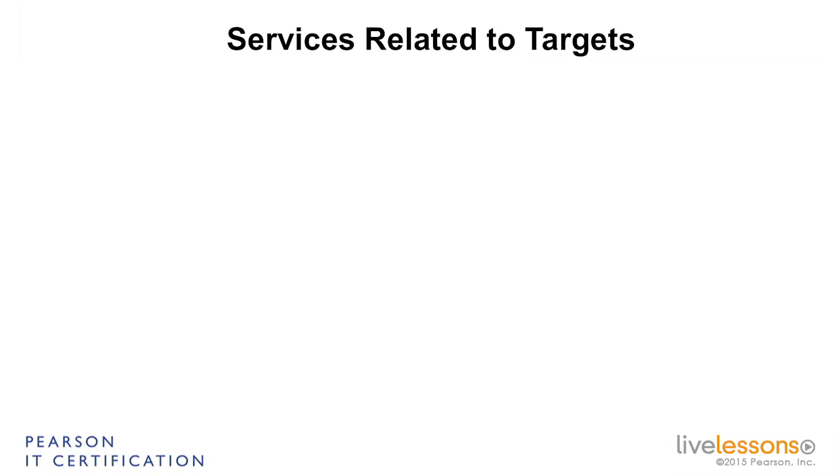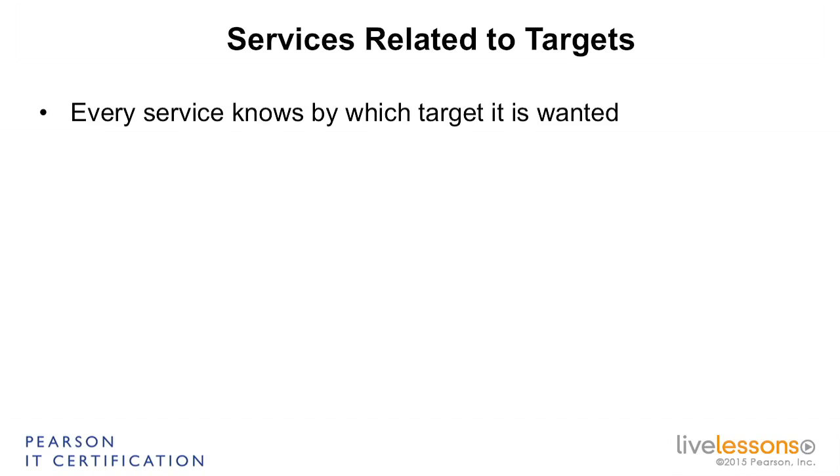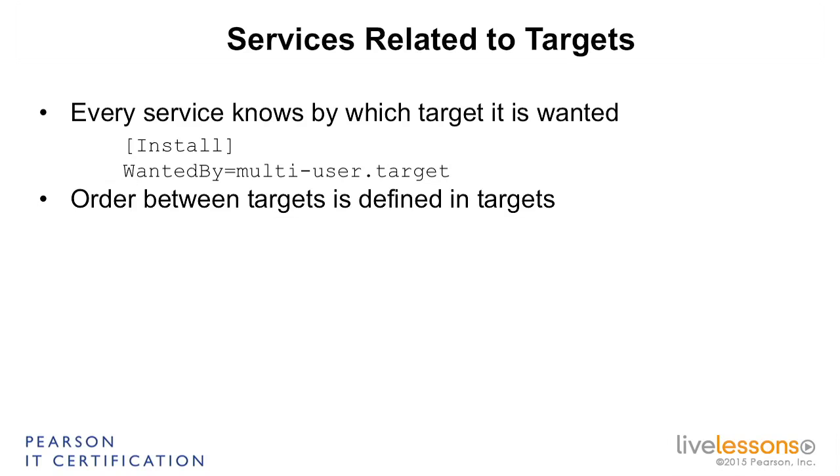Now the services need to know about the targets and the targets need to know about ordering. So every service typically knows by which target it is wanted. And that is what we call a want. So in a service you will see a section like [Install] WantedBy=multi-user.target. And then you can see the order between targets that is defined in the targets as well.